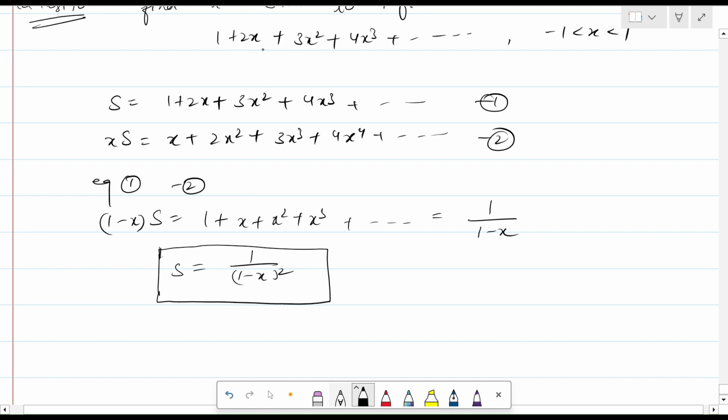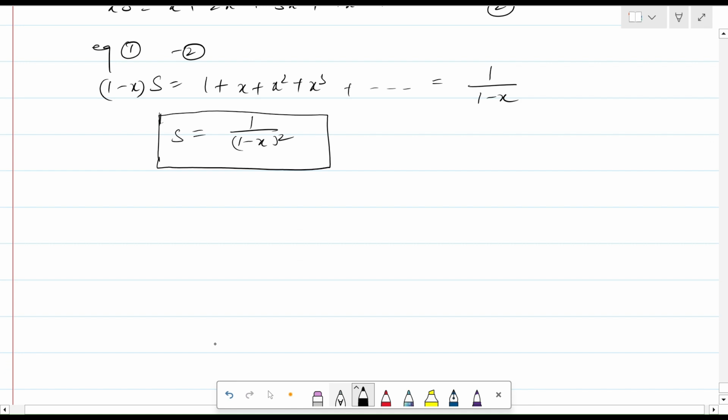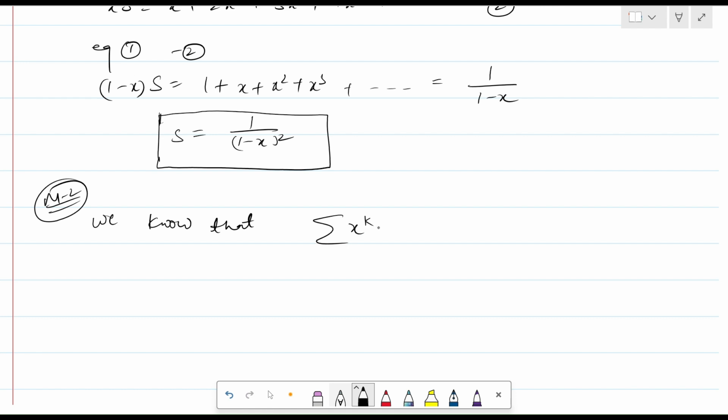We have another method to find this series. This is method number 2. We know that summation x raised to the power k, k from 0 to infinity, which is equal to 1 plus x plus x square and so on, it is 1 upon 1 minus x.